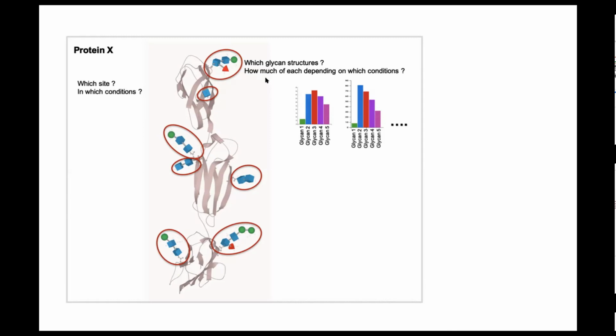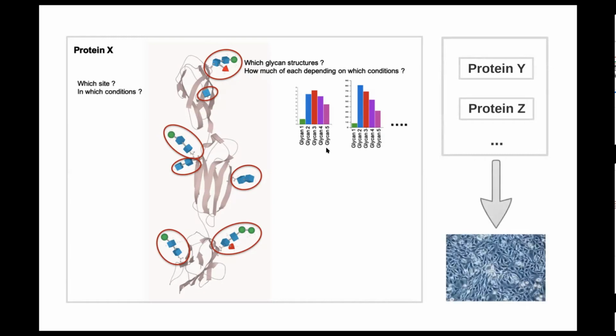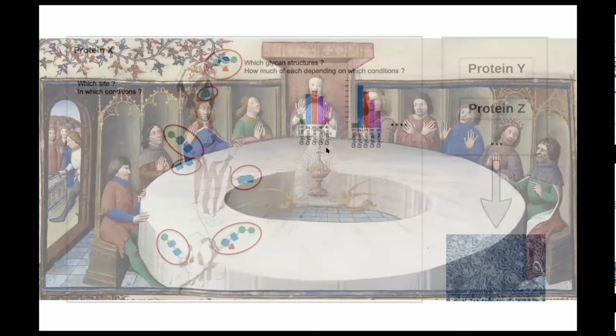And how much of each, depending on which conditions? So can we have for each a distribution of the glycans that are actually observed and detected on a site, and in which proportion? So this is what we would like to have for a protein, other proteins in the same tissue, so that we can characterize a tissue. And actually, this is our holy grail, and we are very far from it.